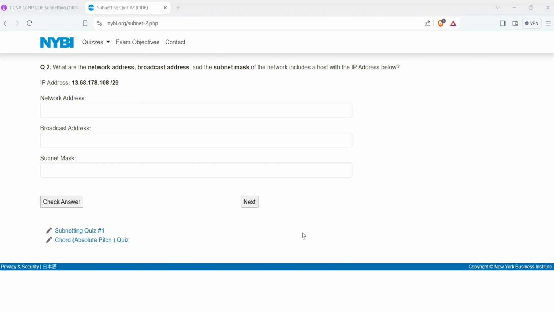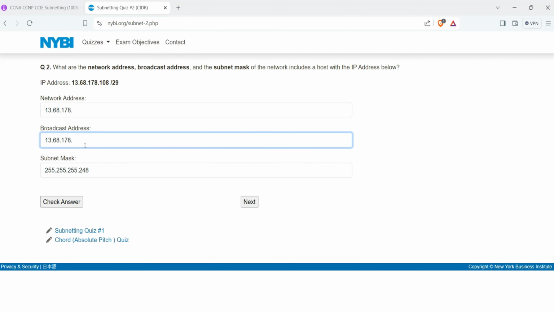Okay, so what did you guys write down? What is a subnet mask? Okay, it's a slash 29. All right. Okay, if it's a slash 29, we did a lot of this. So it's 255.255.255 dot what? 248. All right. Okay, the first three octets don't change. 13.68 dot 178 dot.